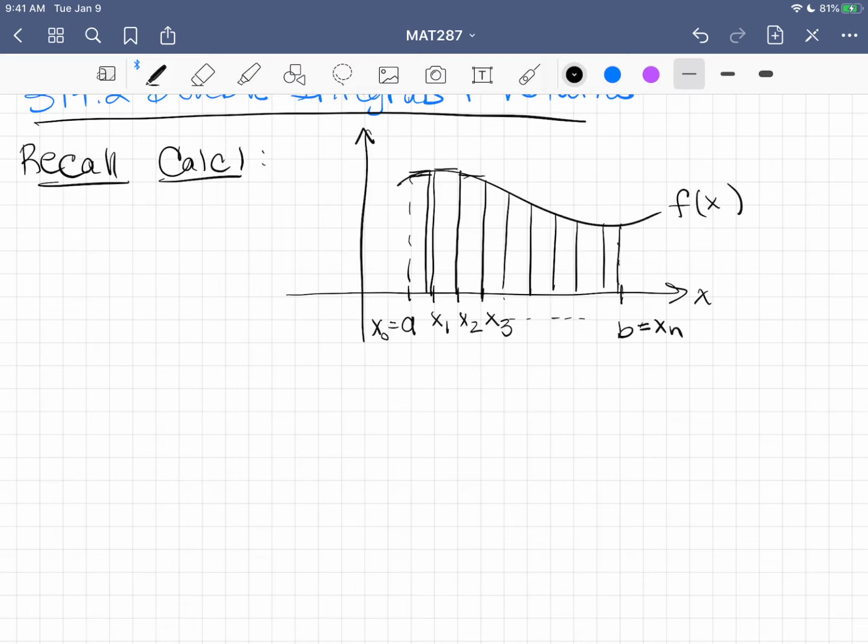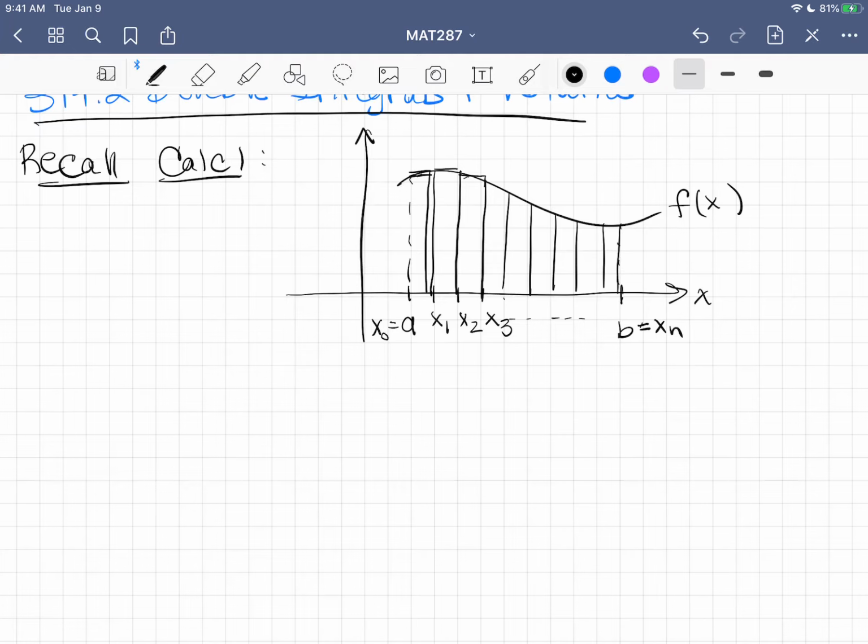And as our partition became larger, so we had more points in our partition, the sum of the areas of those bars became closer and closer to the actual area under the curve.